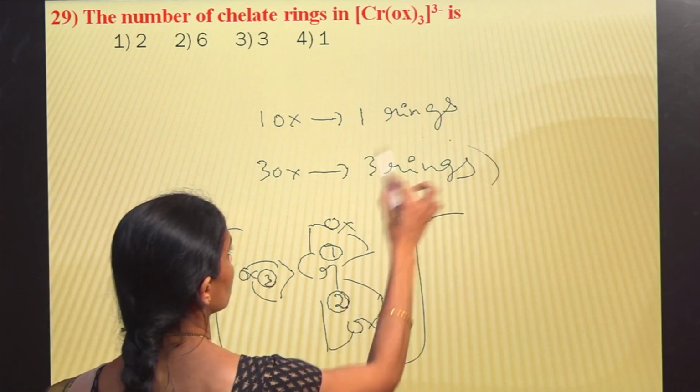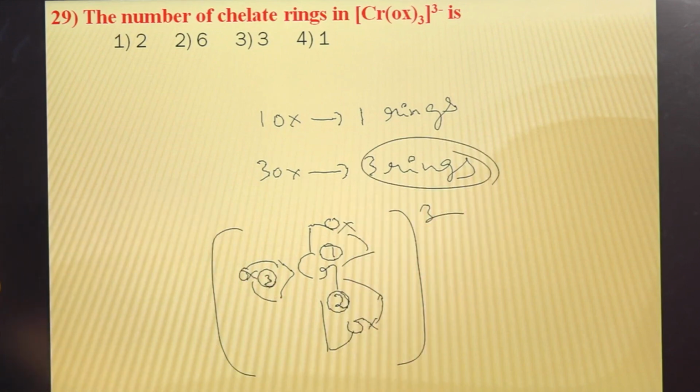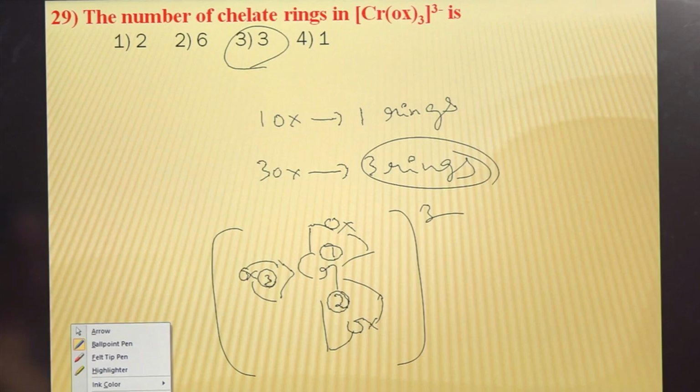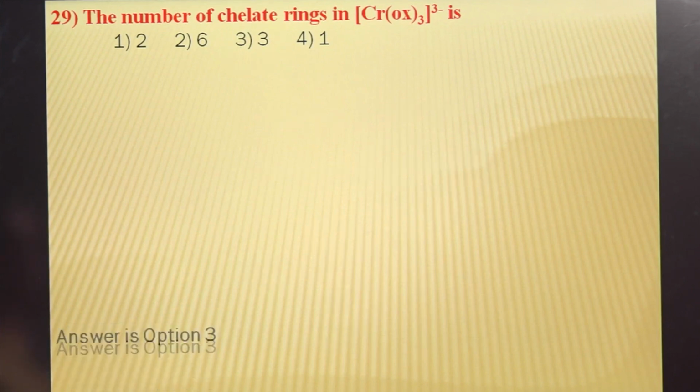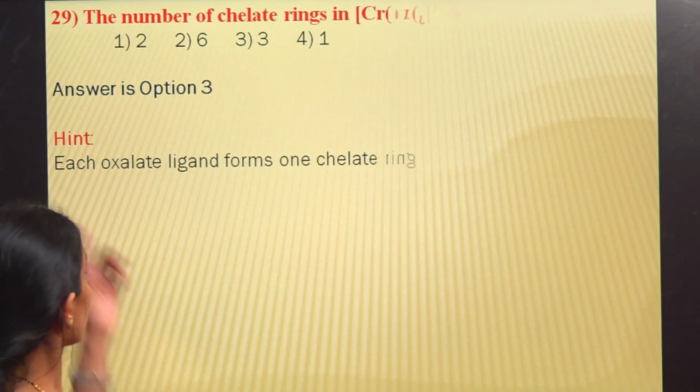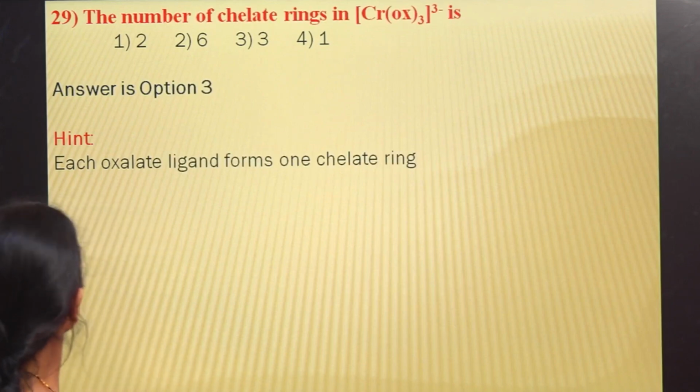So, 3 rings are formed. Option 3 is the answer. Each oxalato ligand forms one chelating ring. With that, totally 3 rings. The 29th question is over.